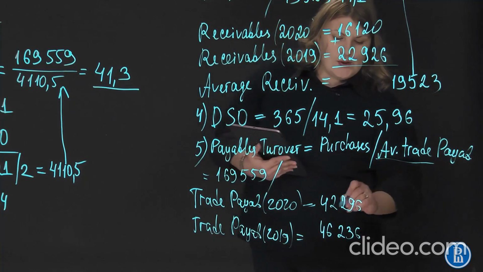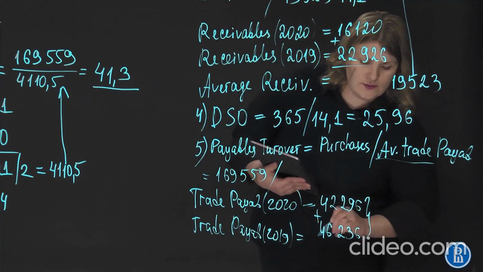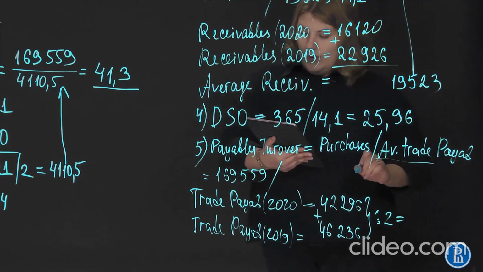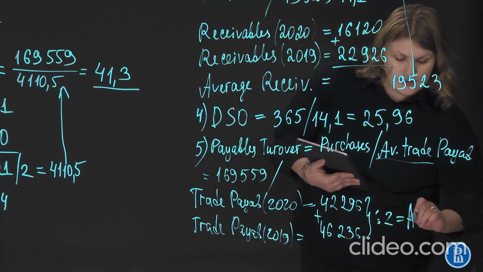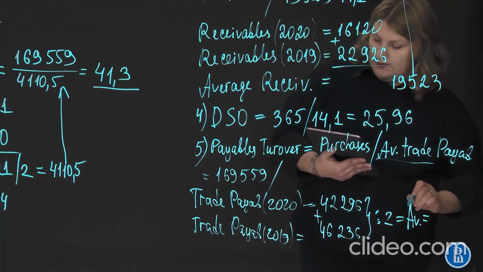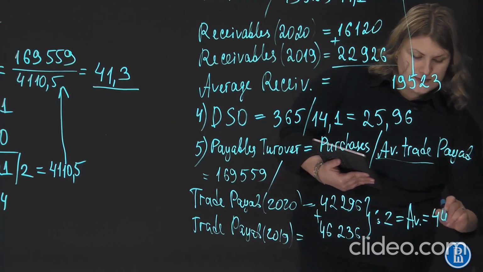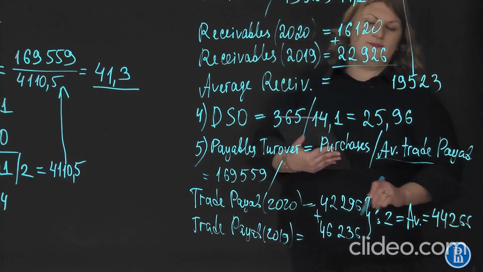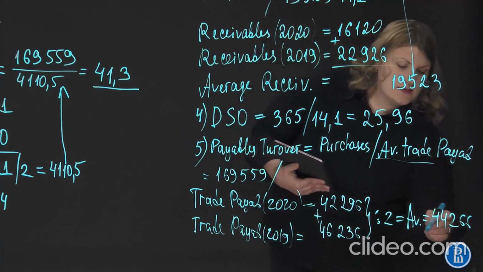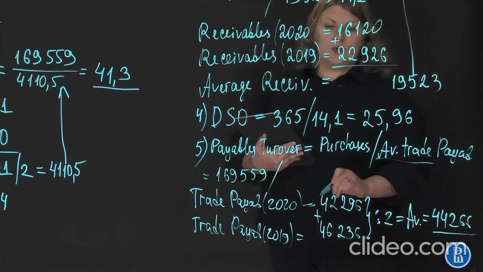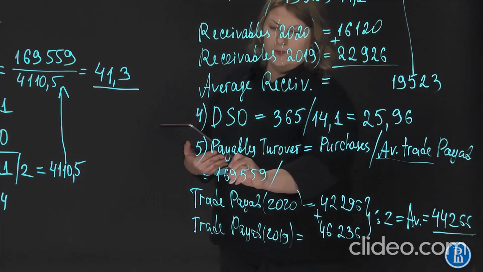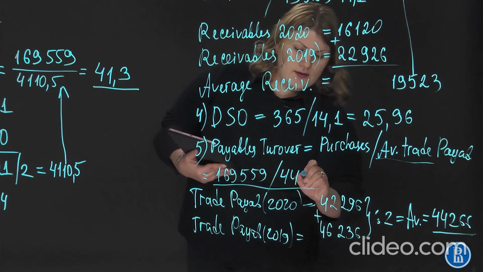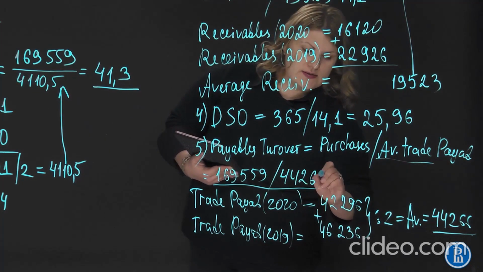Now, as we add them together and divide over 2, we will get an average resulting with 44,266. And this is the figure which we will use in our formula, right here, 44,266.